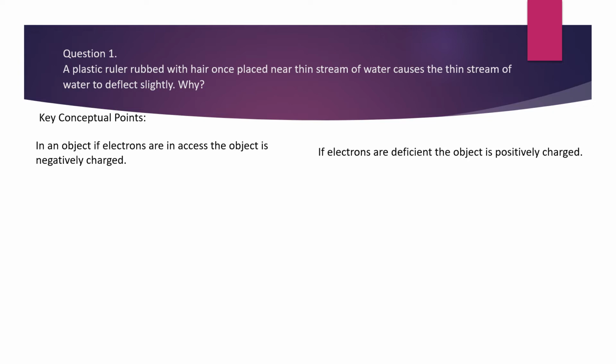If electrons are deficient, the object is positively charged. Deficiency in electron means electrons have been removed and object becomes positively charged. And if electrons are added to some object, that object becomes negatively charged.